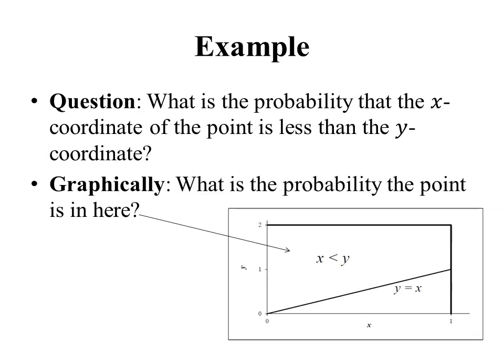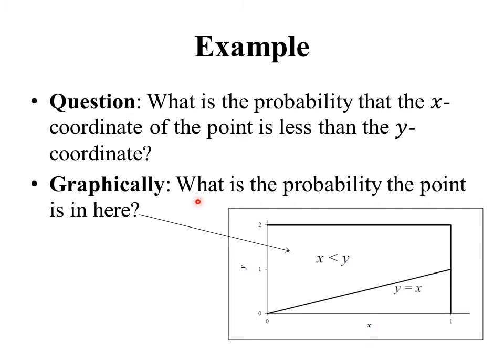So let's think about this graphically. We've got our rectangle here, and I'm going to draw the line y equals x here. And so for points above that line, y is greater than x, so that means the y-coordinate is greater than the x-coordinate. And for points below that, the y-coordinate is less than the x-coordinate.